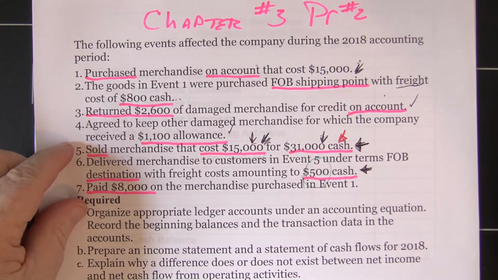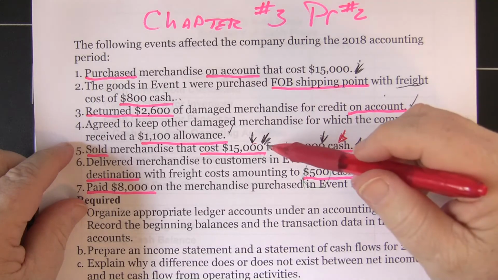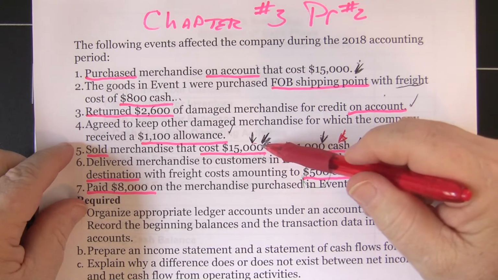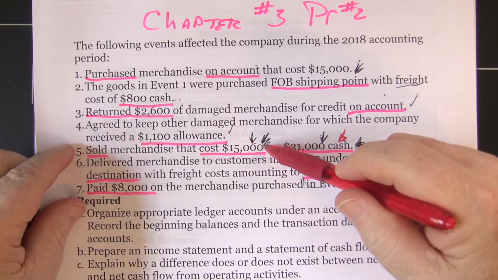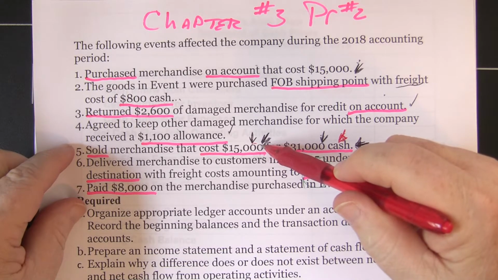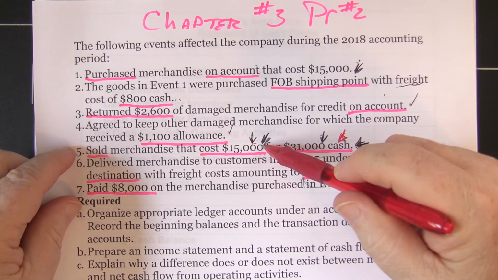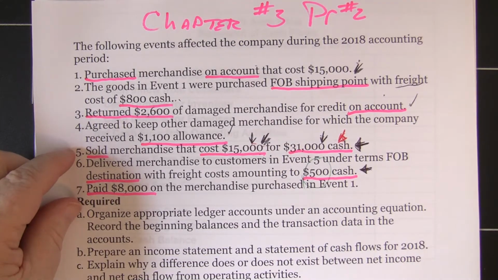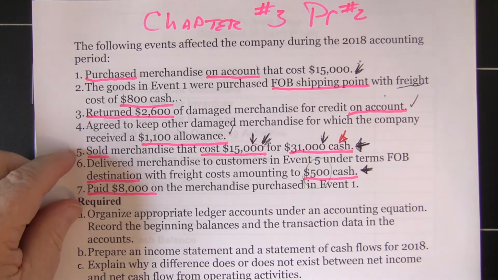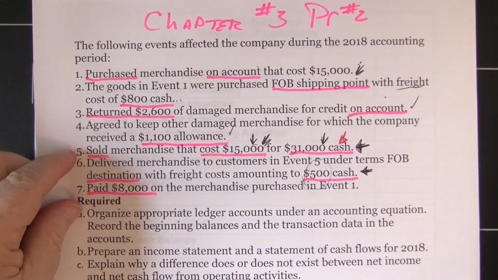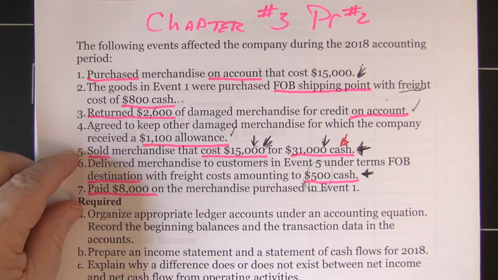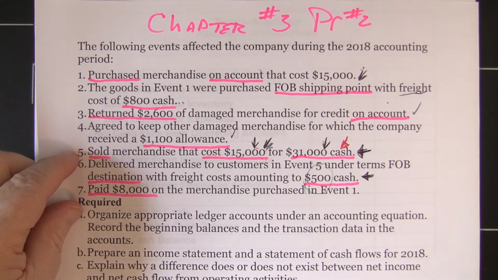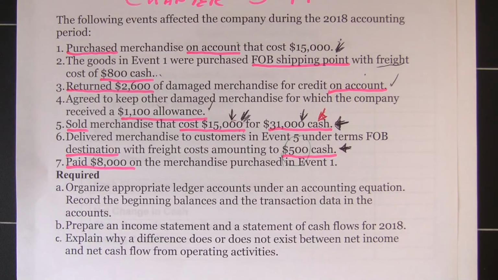We have to account for the inventory cost us $15,000. The cash outflow, and I'm trying to figure out why they came up with a cash outflow number that doesn't make sense to me. They're saying the cash outflow was $8,800. That doesn't make sense to me. Let's see if we can figure this out together.